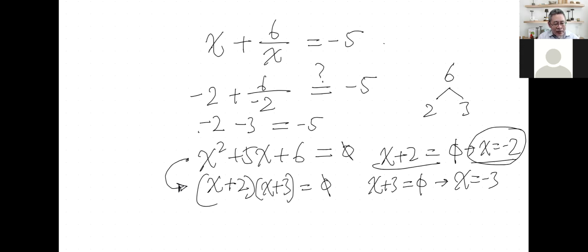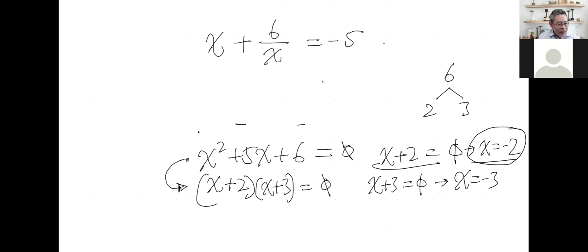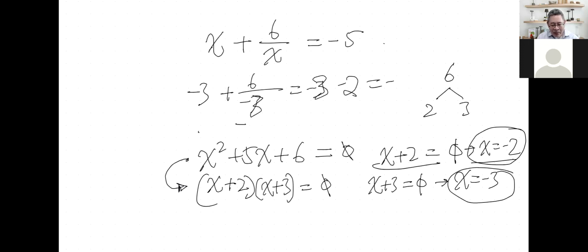And we want to check the second. Sometimes one of them is not valid, but for this one, it's okay. We get negative 3 plus 6 over negative 3, and that's negative 3 minus 2. It is equal to negative 5. So both are true solutions.